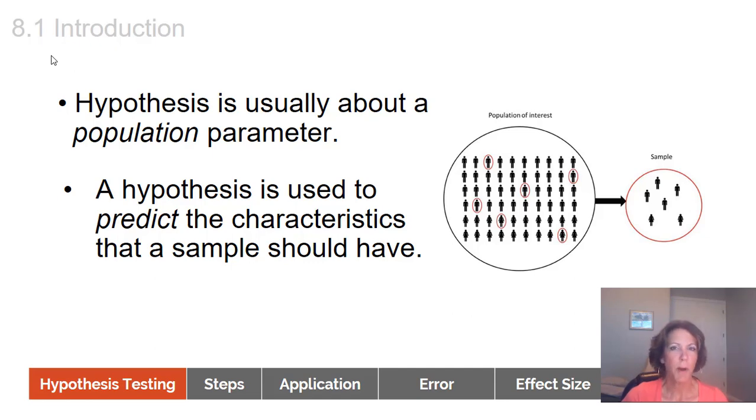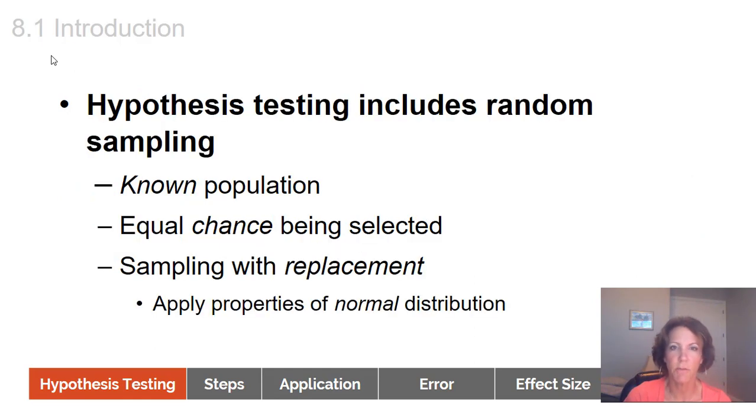We've talked about population parameters. One population parameter, for example, might be the mean. We make a hypothesis about that mean in the population. So a hypothesis is used to predict the characteristics that a sample should have. So we know something about the population, and we're going to predict the characteristics that a sample should have.